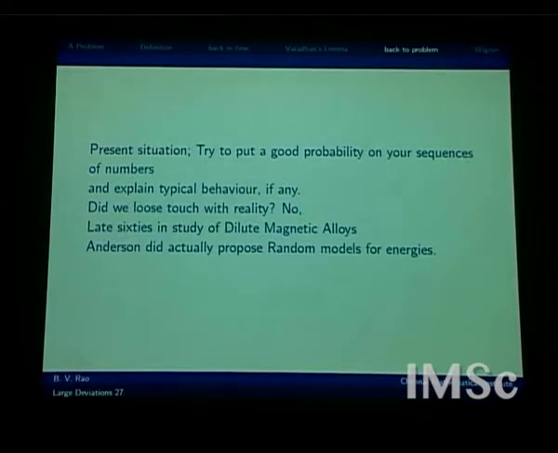However, in the late 60s there was much interest in what they called dilute magnetic alloys. That is, you take a non-magnetic host and in that there are magnetic dust particles present. So, the entire thing is non-magnetic and there are some magnetic materials present. Now, this alloy exhibits magnetic behavior. So, explain that.